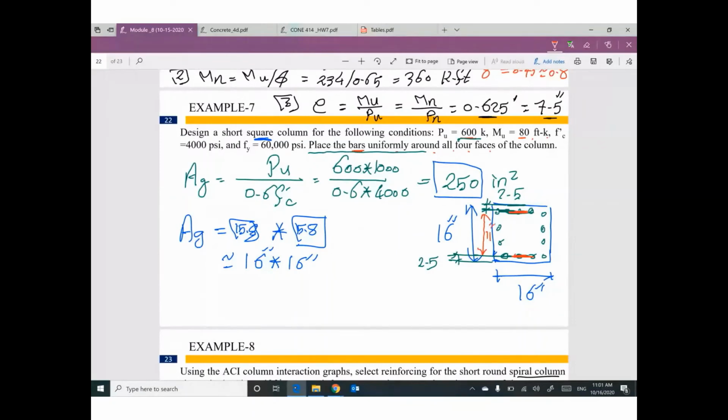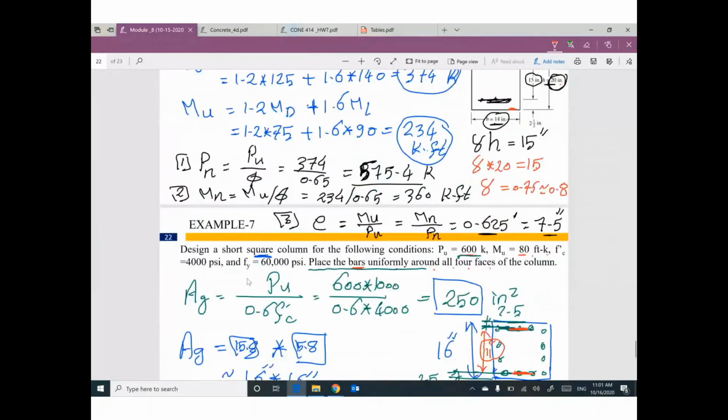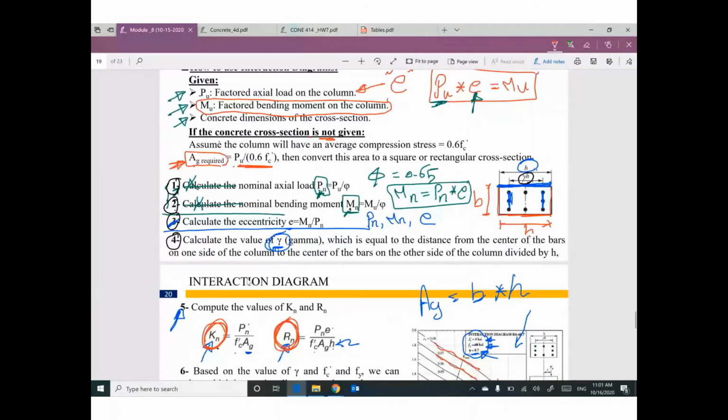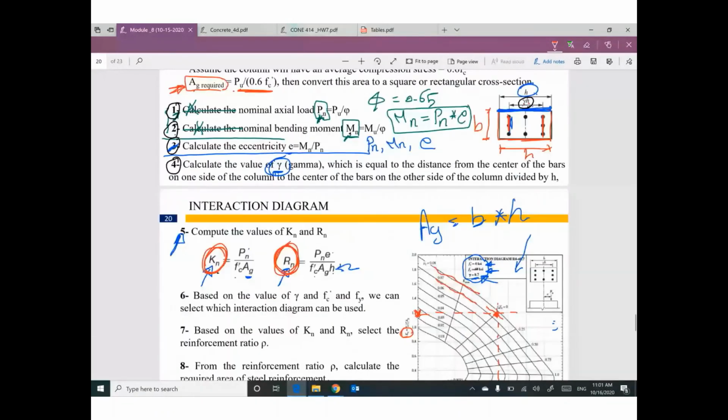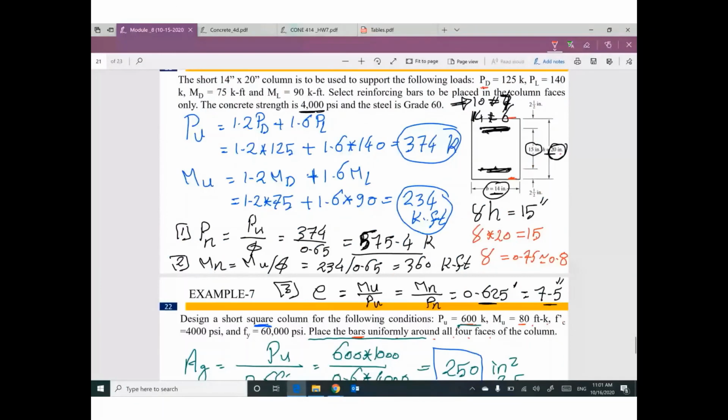This 11 inch, alpha h equals 11. I'm sorry, not alpha, it's gamma. Guys, put in your mind that the distance between this reinforcement and this reinforcement equals gamma h. So gamma h in this case equals 11 and h equals 16.